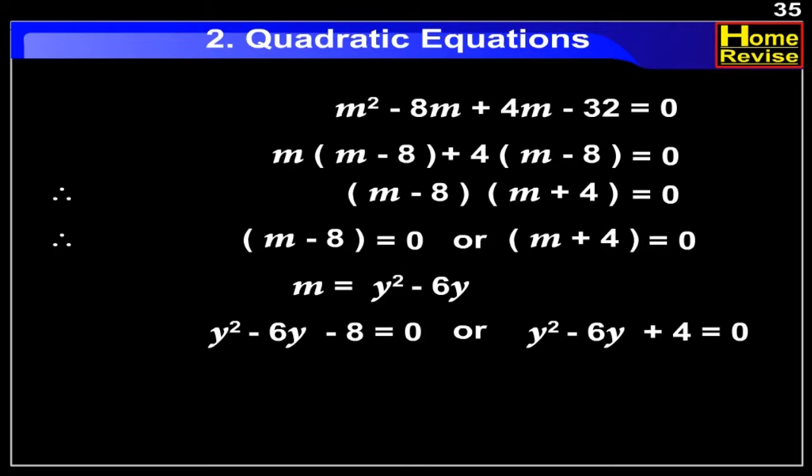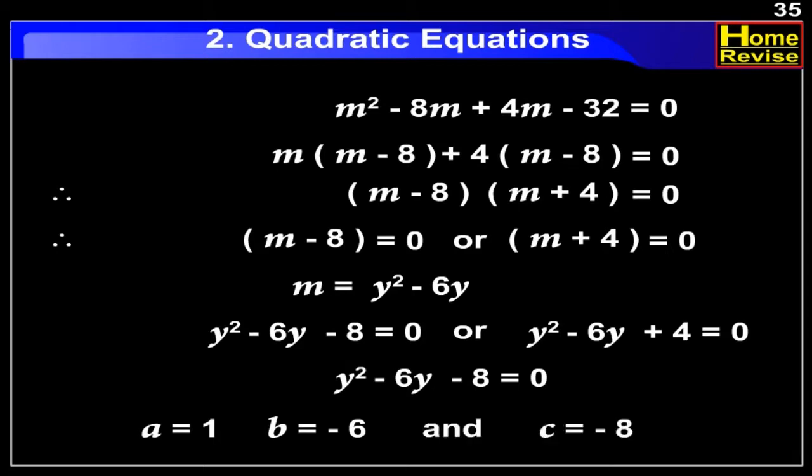For the equation y square minus 6y minus 8 is equal to 0, we have a is equal to 1, b is equal to minus 6, and c is equal to minus 8.